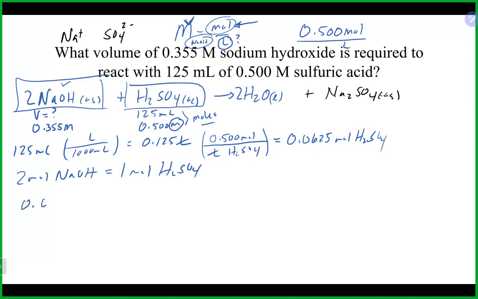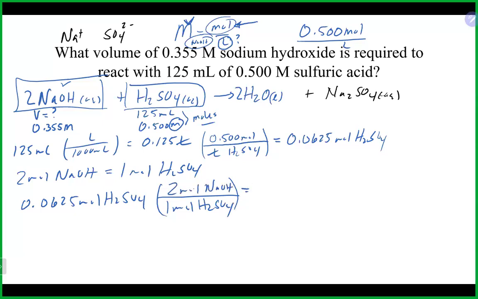So 0.0625 moles of the sulfuric acid. Using the stoichiometry relationship is going to get us to sodium hydroxide. So 1 mole of sulfuric acid on the bottom and 2 moles of this sodium hydroxide up on top. We'll times that by 2. Going to get us 0.125 moles of sodium hydroxide.